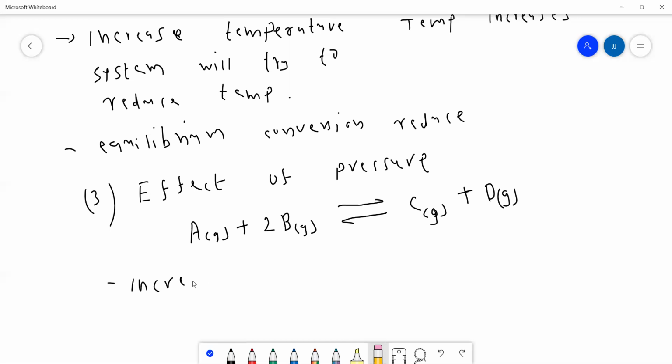So, an increase in pressure. Let's say we increase the pressure.